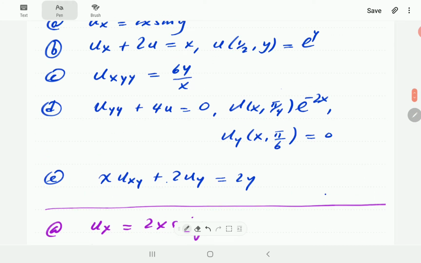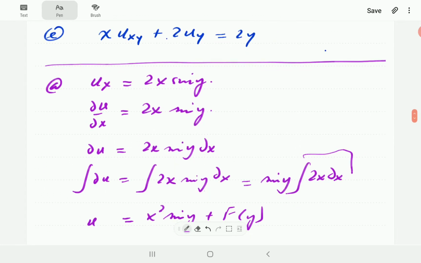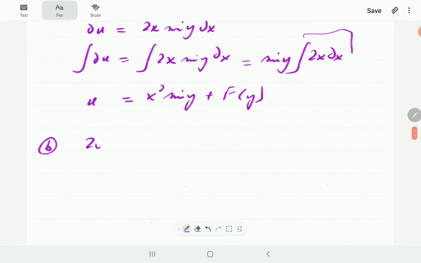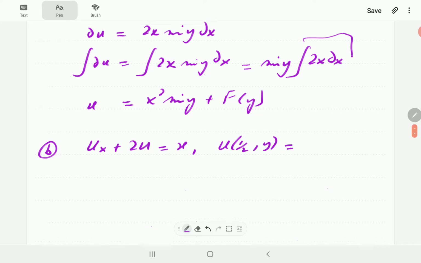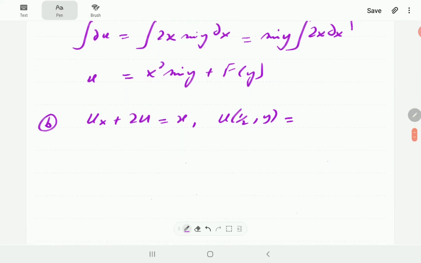In B we have ux plus 2u equal to x. When x equals a half, u is e to the power y.